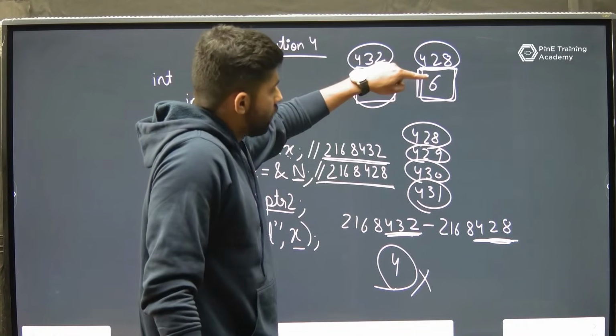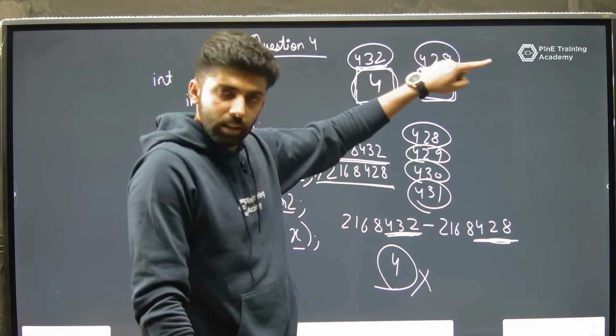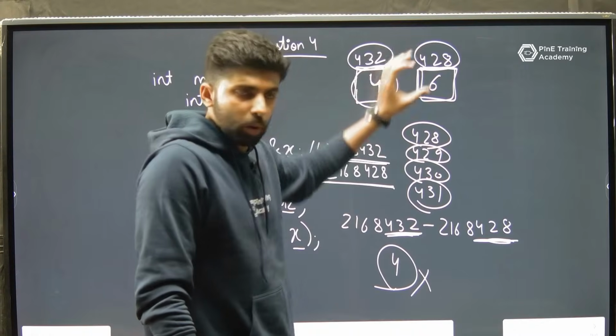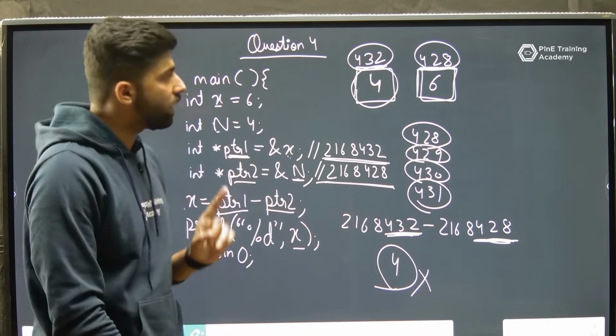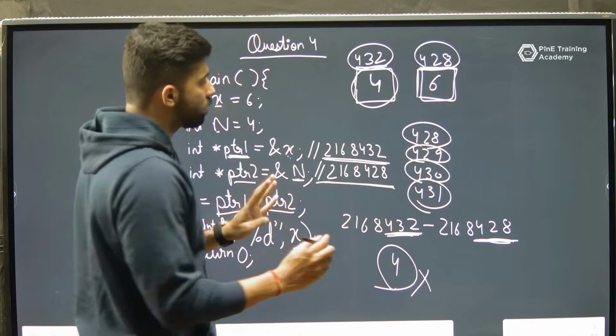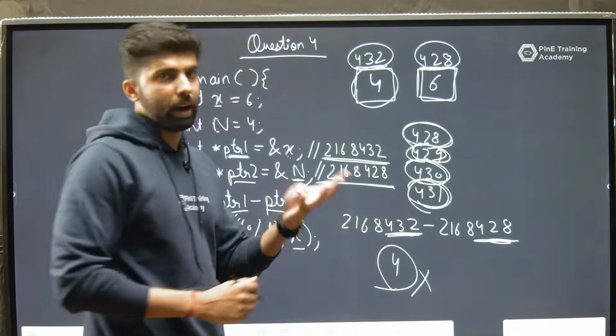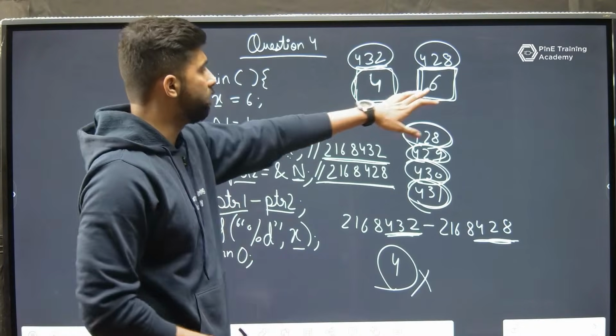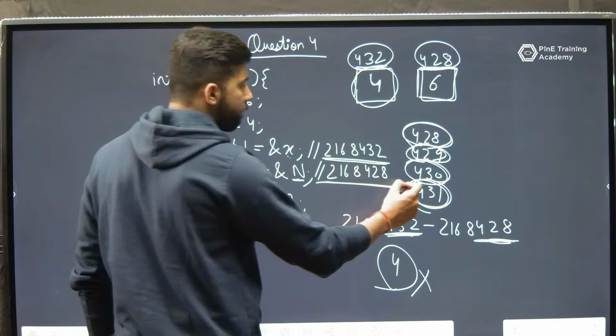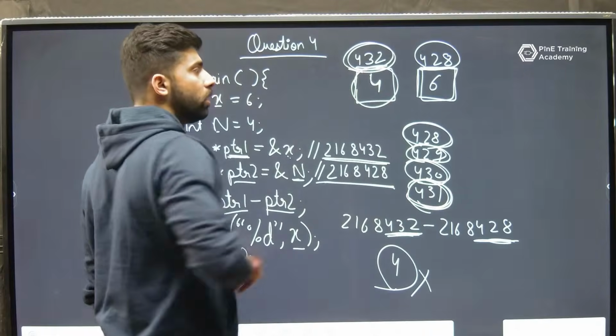If 6 has the address 428, that means it starts from 428, but an integer takes 4 bytes. So it will take 428, 429, 430 and 431, 4 bytes to store the number 6. And after 431, we have 432.